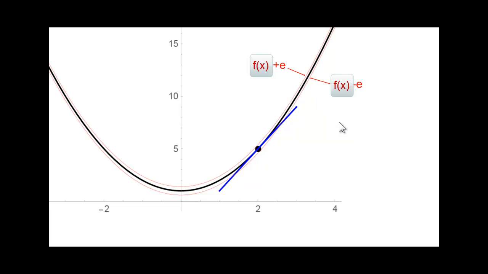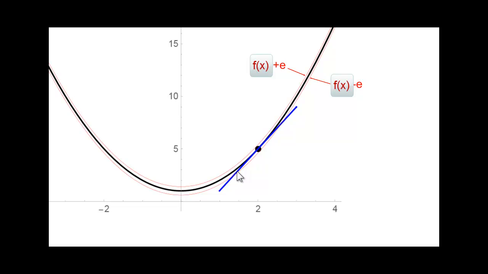So one way to conceptualize this is simply if you shift the function f of x up by e and down by e, you've created a band within which, at any vertical line here, the red curve on top is e greater than the black curve, and the lower red curve is e less than the black curve, which gives you the bounds of acceptable error.